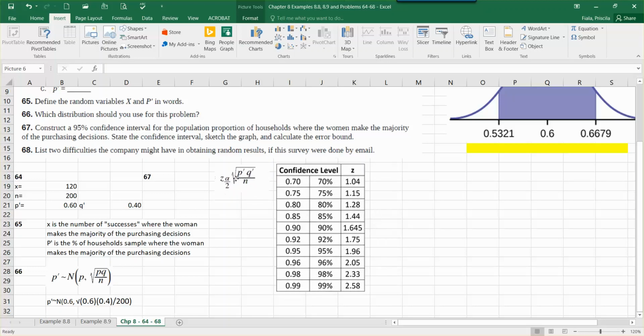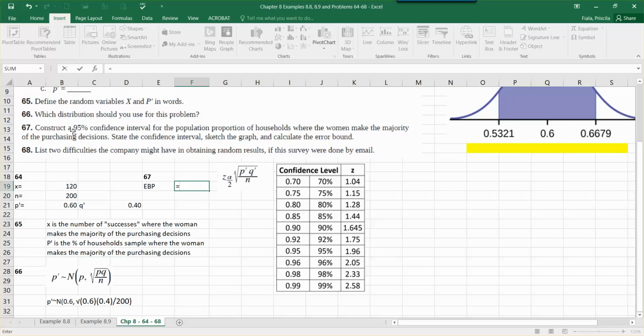So for my error bound for a proportion, it's asking me for my z-score. Right here, by now, you should know that these are the most common confidence levels, so you don't have to go out of your way to calculate all that.